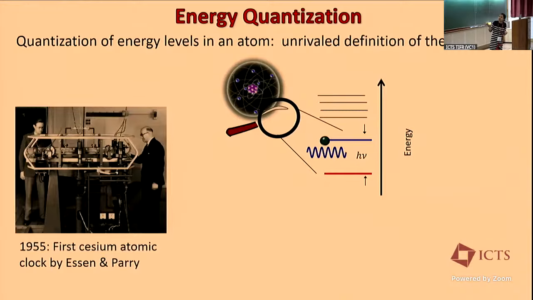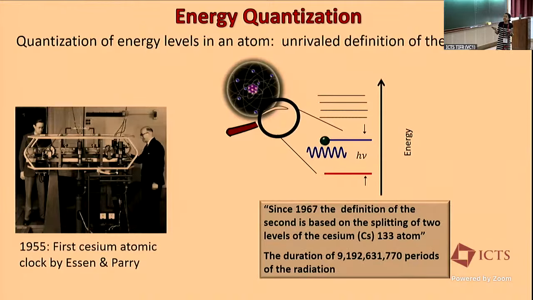In fact, this was used to create atomic clocks since 1955, where the first atomic clock was built by Essen and Parry. And then in 1967, we used the energy splitting between the two lowest hyperfine levels of cesium atoms to define the second.